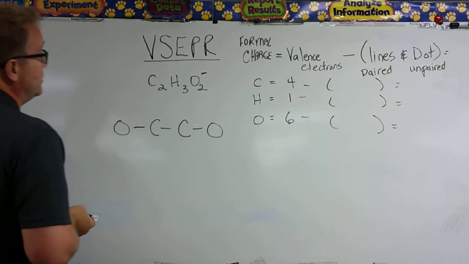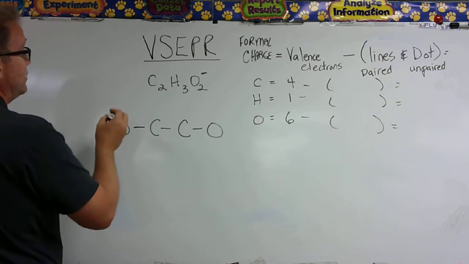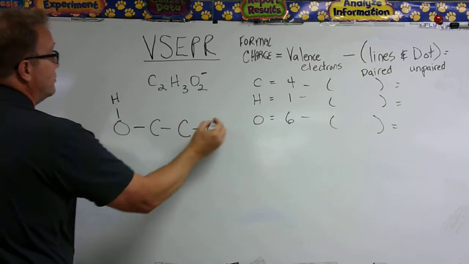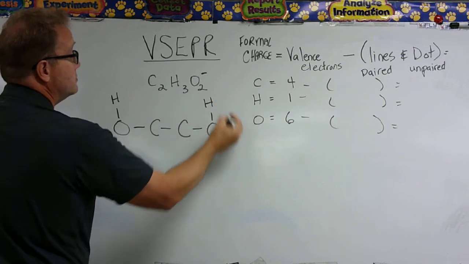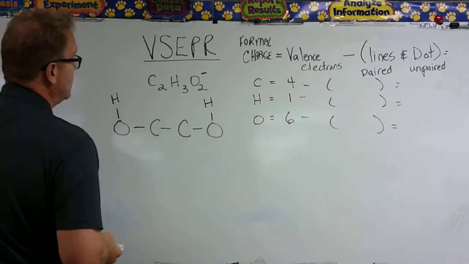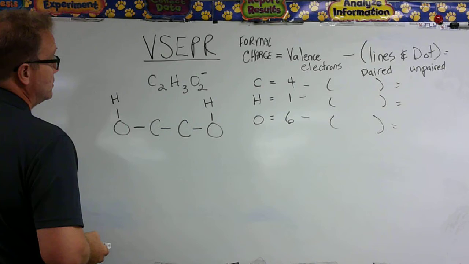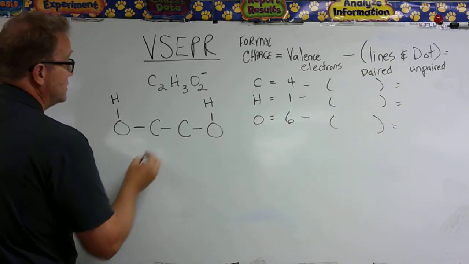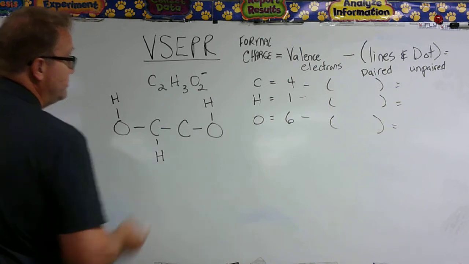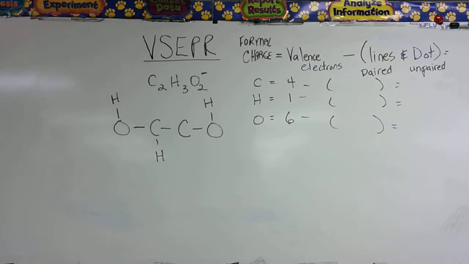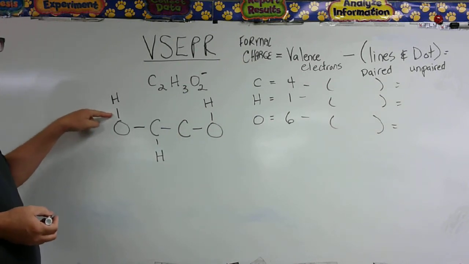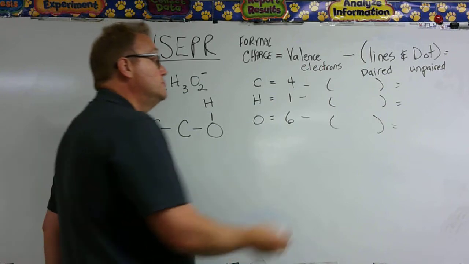Then we're going to deal with the hydrogens. Let's see. You may have to play with the structure a little bit. I'm going to put an H here just to see if it's going to work. The H's are my outers. Again, H is always happy with one line.